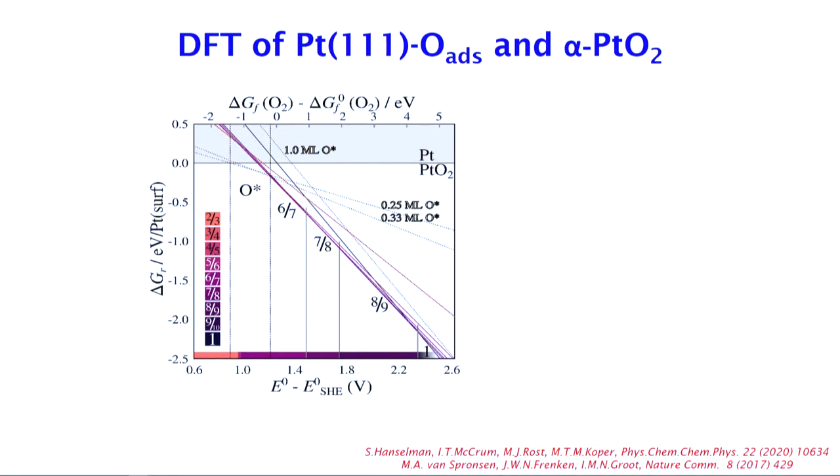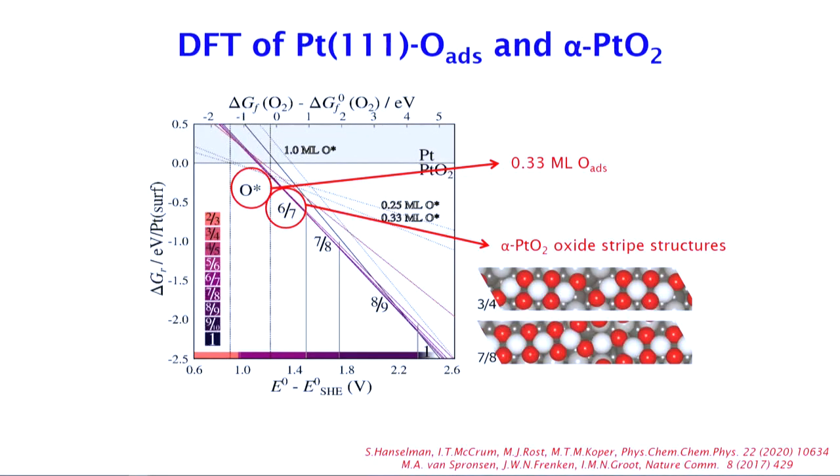So that seems to be a reasonable explanation, but if you want to accommodate more oxygen on the surface, it turns out that oxygen prefers to form these PtO2 stripes on the surface. In order to accommodate these stripes, you lift platinum out of the surface, you make these oxygen bridges, and then to fit them, you need to remove one platinum atom.